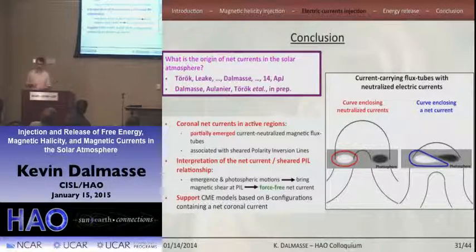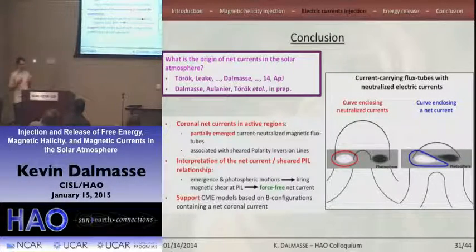Our interpretation of the relationship between net currents and sheared PIL is that both magnetic flux emergence and photospheric motion can bring magnetic shear at the PIL. And when you look at Ampere's law, it tells you that magnetic shear at the PIL necessarily induces a force-free net current in the configuration.